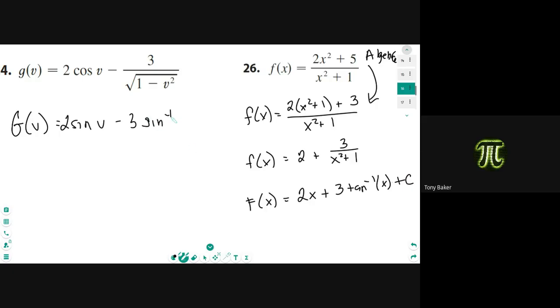Arcsine, plus C. That's it. That's how you do 26, by the way. I think if I wrote this step, you might have figured it out, but I doubt any of you would have thought to do that.